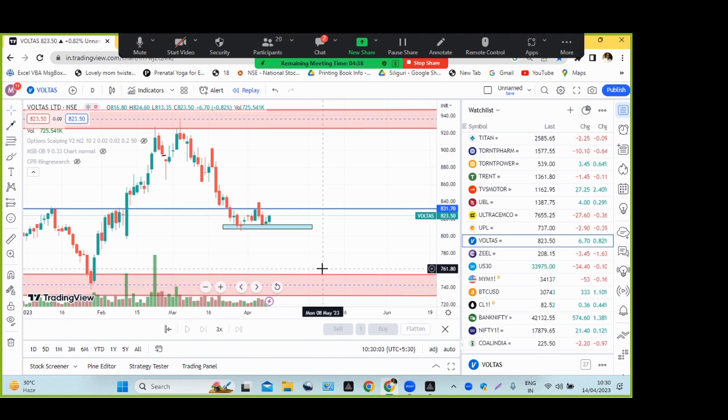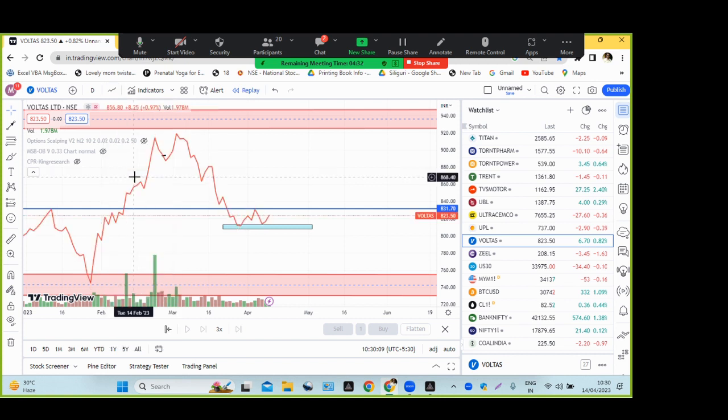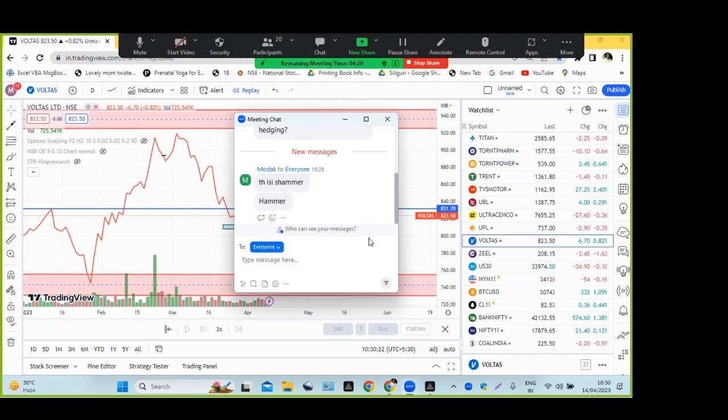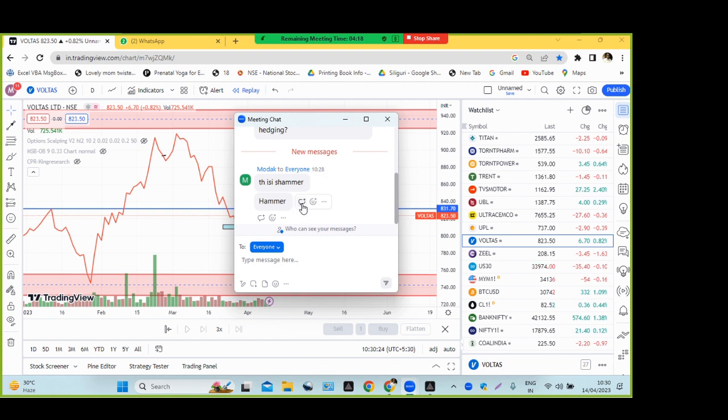Now over here, what is happening? See, yes, it is taking support. And to understand more, convert it into a line chart for a while. What do you see? Don't you see a W? I can see a W. Can you guys see the W? Yes or no? Everyone has to see the hammer.